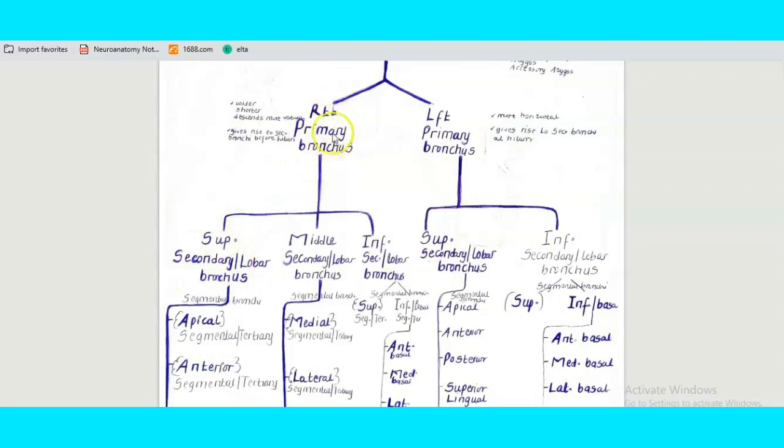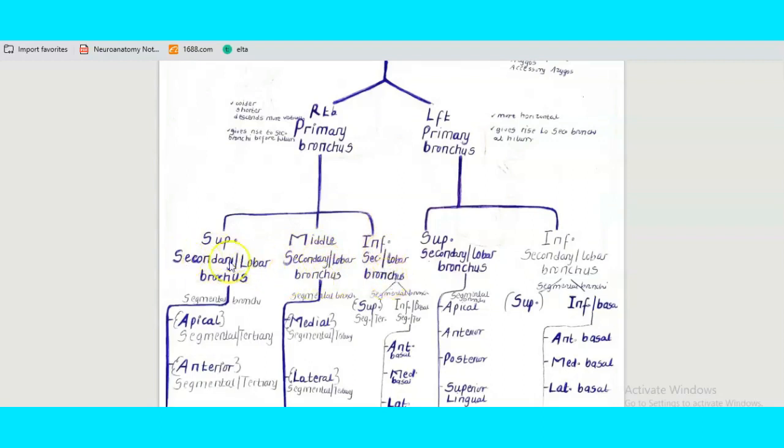The right lung has three lobes, which we've talked about: a superior lobe, a middle lobe, and an inferior lobe. So the right pulmonary bronchus divides into a superior secondary bronchus, a middle secondary bronchus, and an inferior secondary bronchus.